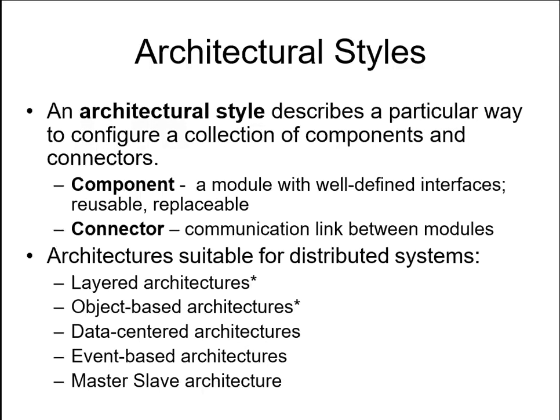Architecture styles suitable for distributed systems are layered architecture, which is the most followed architecture pattern, object-based architecture, data-centered architecture, event-based architecture, and master-slave architecture, which is also followed to some extent.